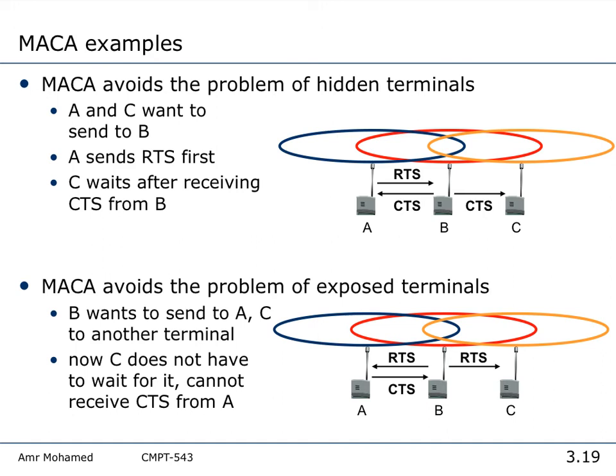The name is not descriptive of what it needs to do, because what needs to be done in that case is that you need to refrain from engaging in this transmission or interfering with this transmission. But in the exposed terminal problem, we know that we will not interfere with this transmission because C wants to send to another node which has nothing to do with A. It's a completely different transmission.